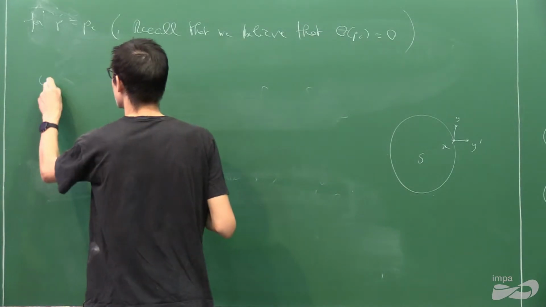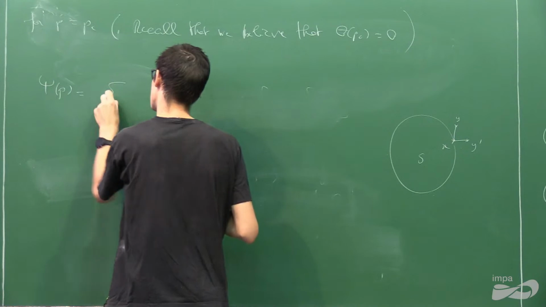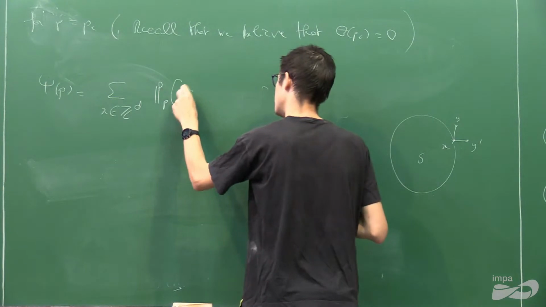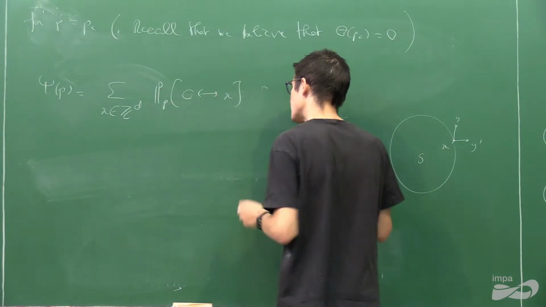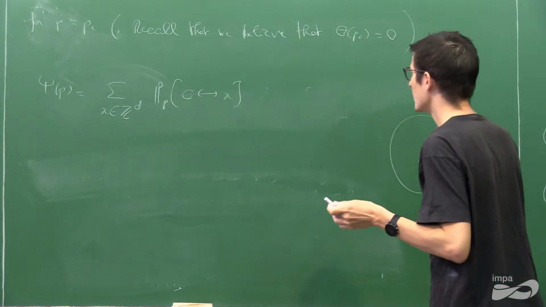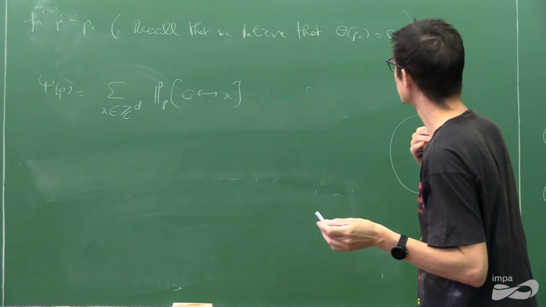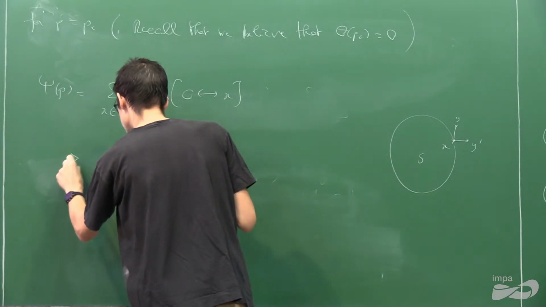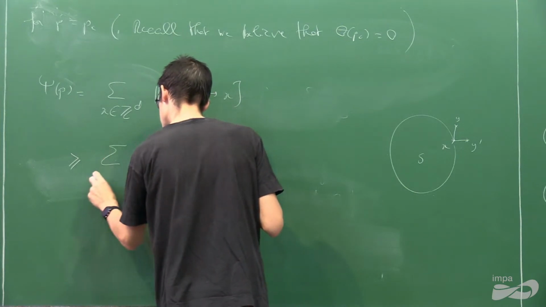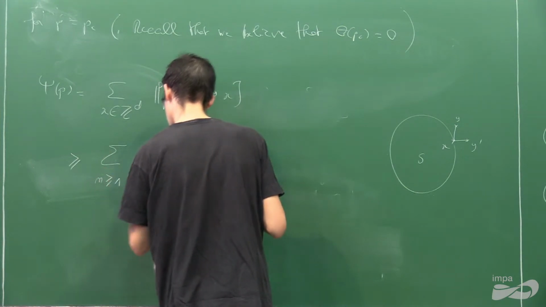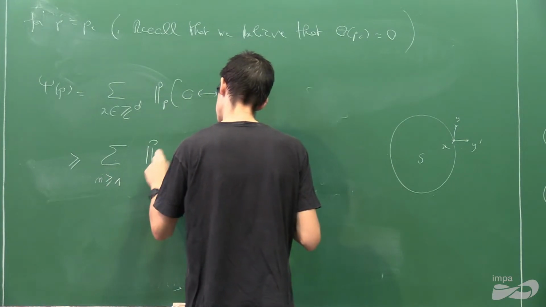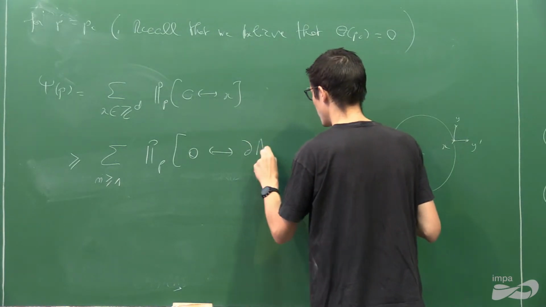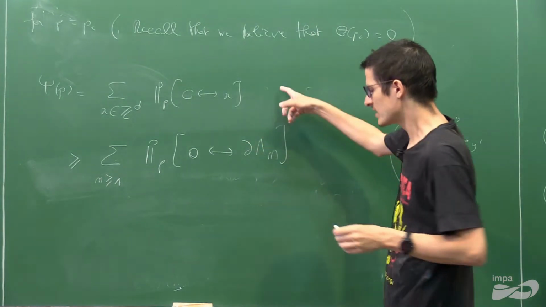Well, if you look at the sum over x in Z^d of the probability that 0 is connected to x, this is larger than the sum over n larger than 1 of the probability that 0 is connected to the boundary of Lambda n. Okay, so why is this true?